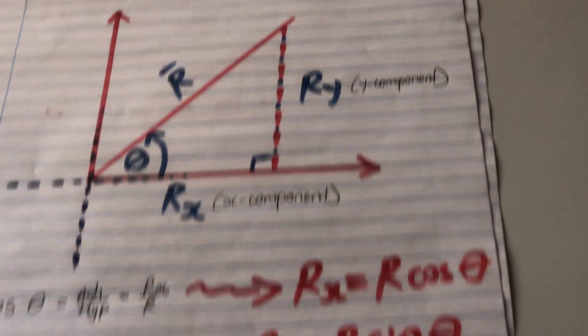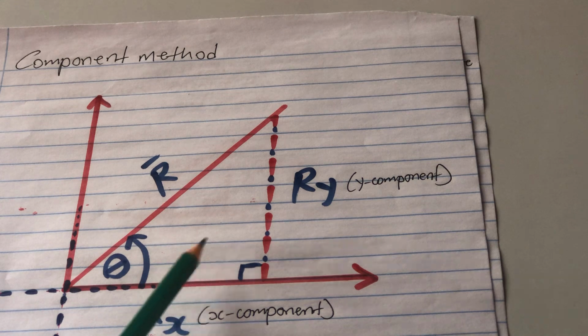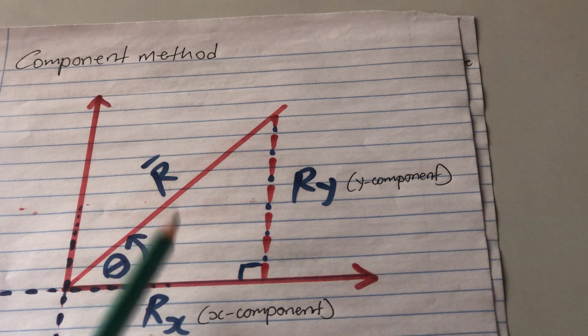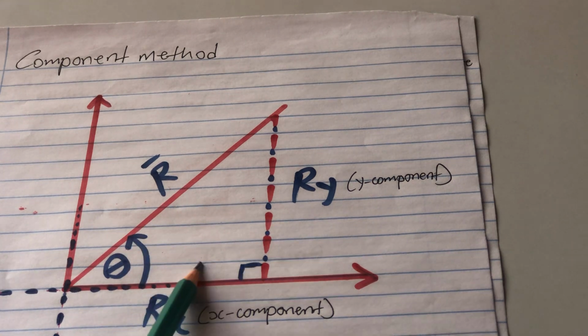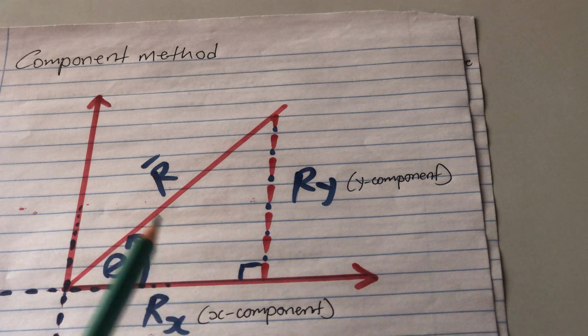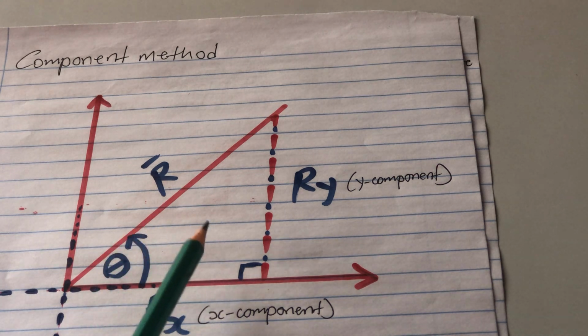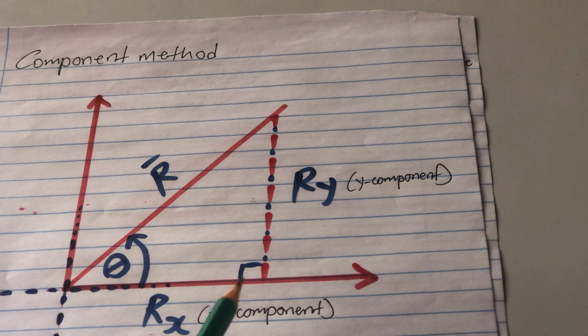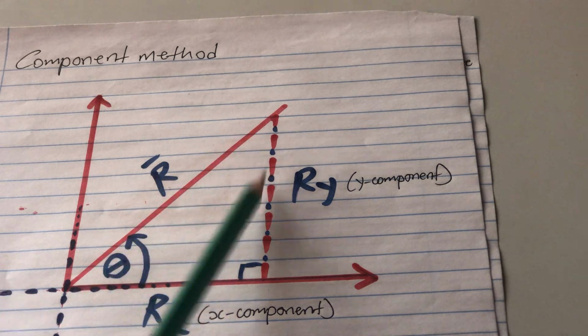So this way of remembering is very useful because your right-angled triangle will not be positioned in this way all the time.